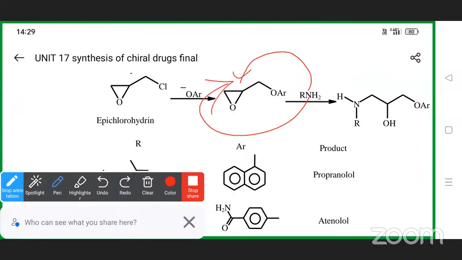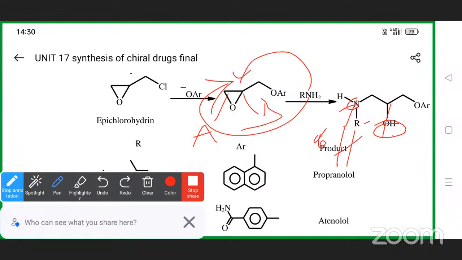Okay, so this is B, for example, this is A, for example, right? So attacking of the base at B terminal, right? So this OH group is coming on this side here, right? And your NS, this part is coming here, and OH is coming here, like this.